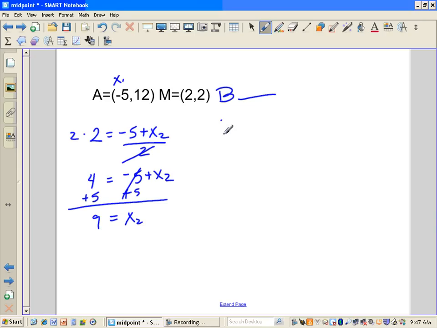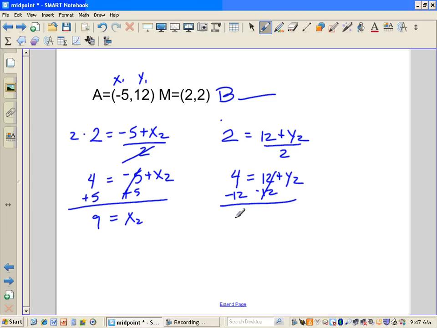Set up the midpoint for my y's. Here's my y1, so that's 12 plus y2 over 2. Multiplied by 2, I have 4 is equal to 12 plus y2. Subtract 12 from both sides. 4 minus 12 is negative 8, which is equal to y2.